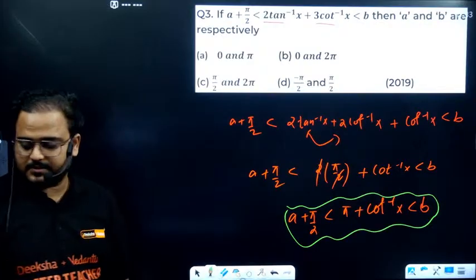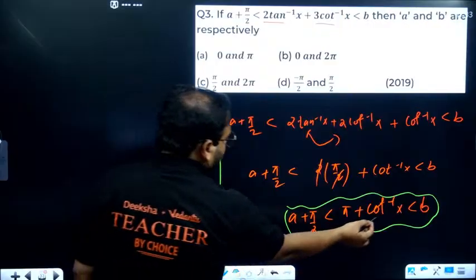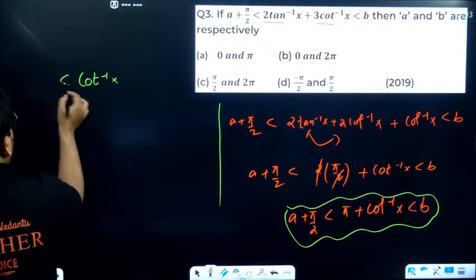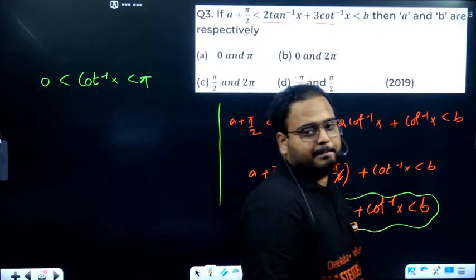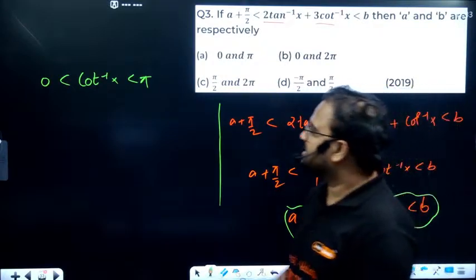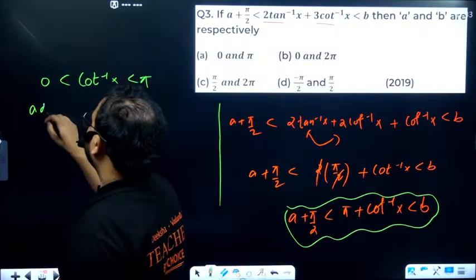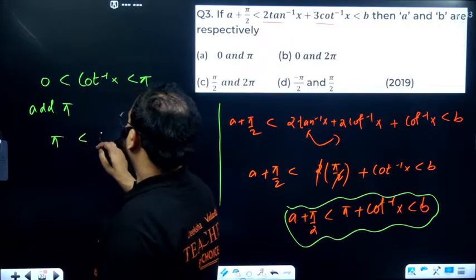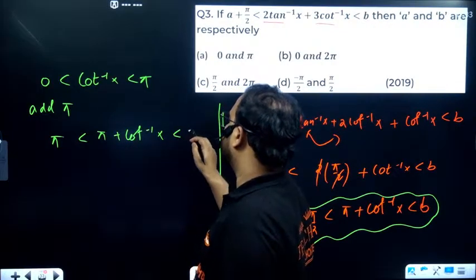Now, what next? We'll do the same just for the cot inverse, because let's write the range of cot inverse. The range of cot inverse is 0 to pi. But in this case, we don't have cot inverse; we have pi plus cot inverse to compare. It means I'll add pi everywhere. So 0 becomes pi, this becomes pi plus cot inverse of x, and this becomes 2 pi.